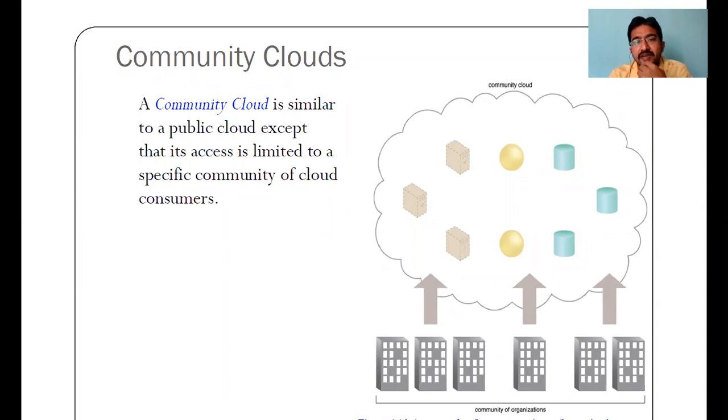So this example on the right hand side is a community belonging to a particular group or a particular cluster. So it has some limited access compared with the public. The only difference between public and community is limited access for community, whereas public has more access.